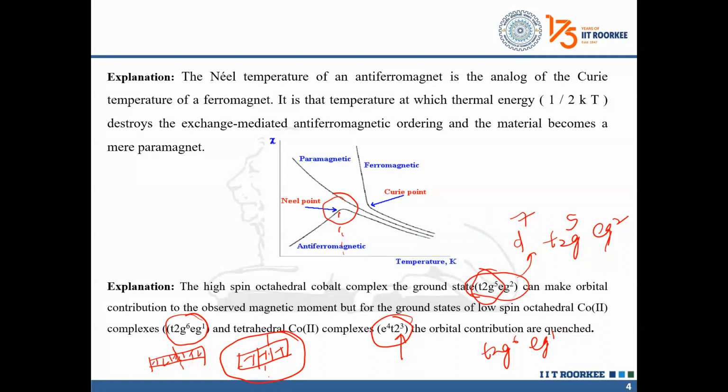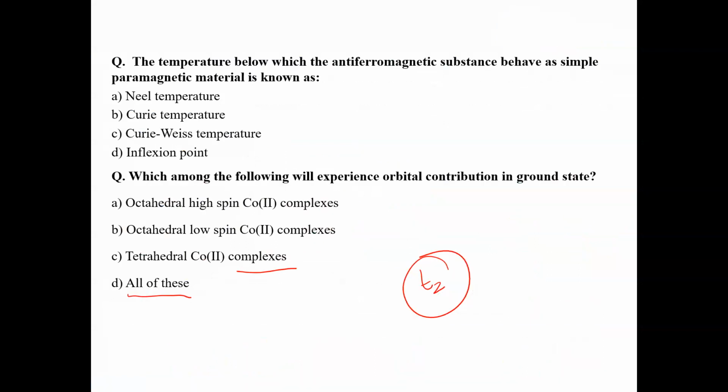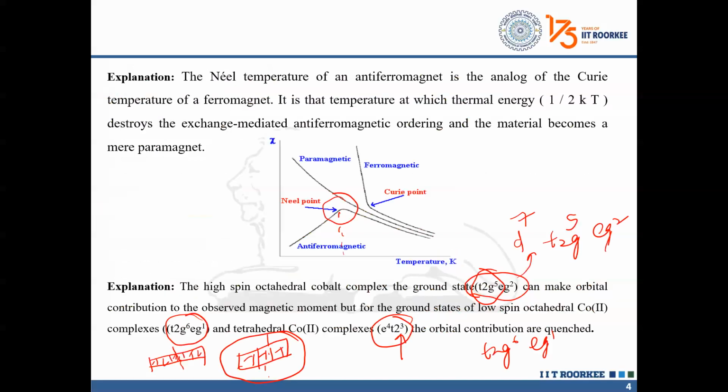So that is basically creating the orbital contribution. The high spin octahedral complex, that is this one, will be the right answer. And for the first one, it is also A, right?